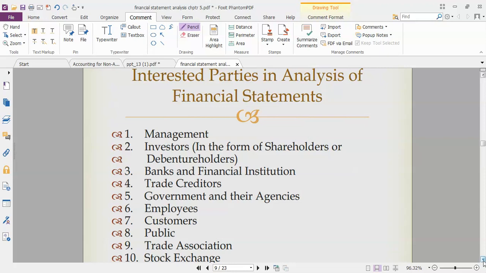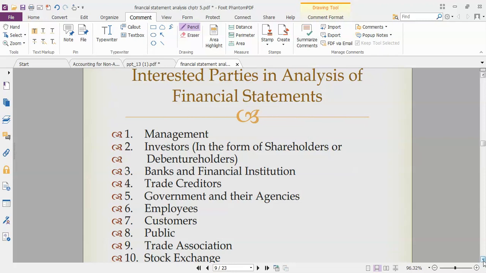Government must know the financial statement of each company in order to make policy, and then to calculate the percentage of taxes that the company should pay to the government, in terms of taxes, cukai.